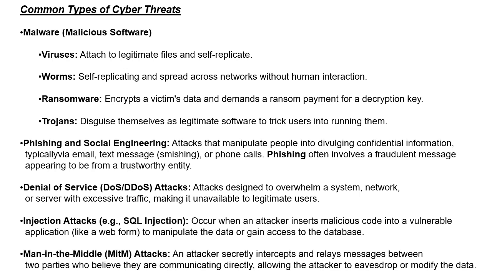Phishing often involves fraudulent messages appearing to be from a trusted entity. Absolutely a big problem. Next are injection attacks. SQL injection is a big problem. It occurs when an attacker inserts malicious code into a vulnerable application, like a web form, to manipulate the data and gain access to the database.